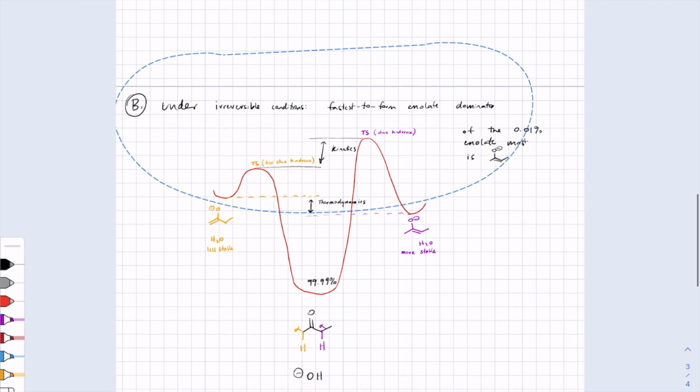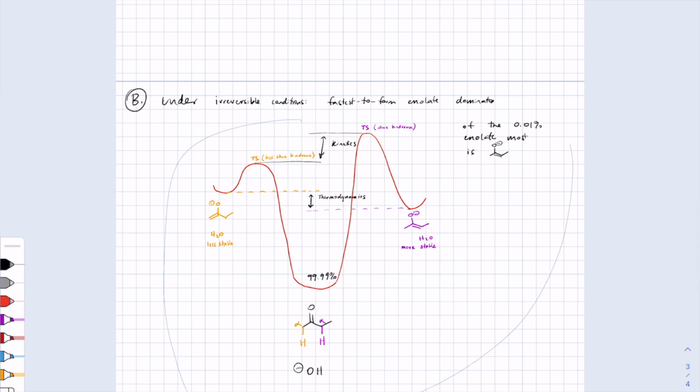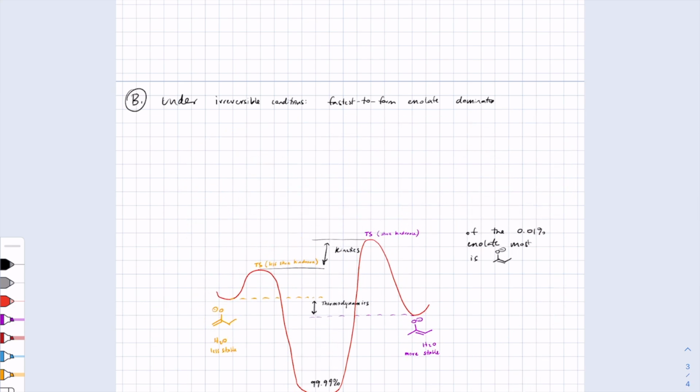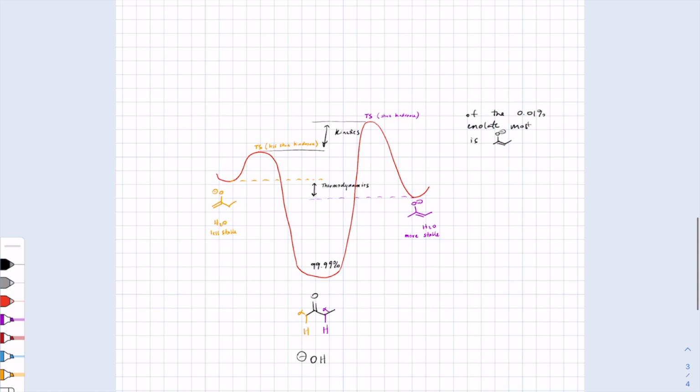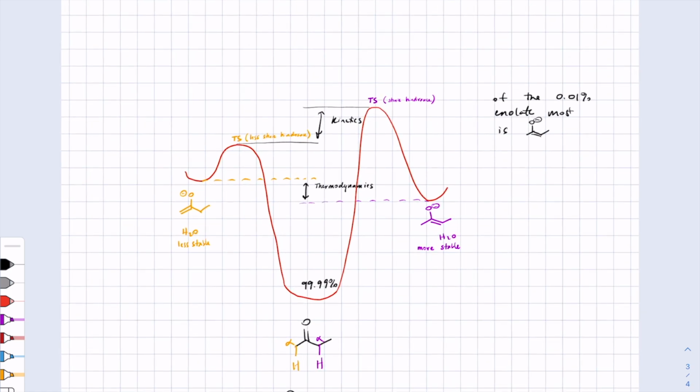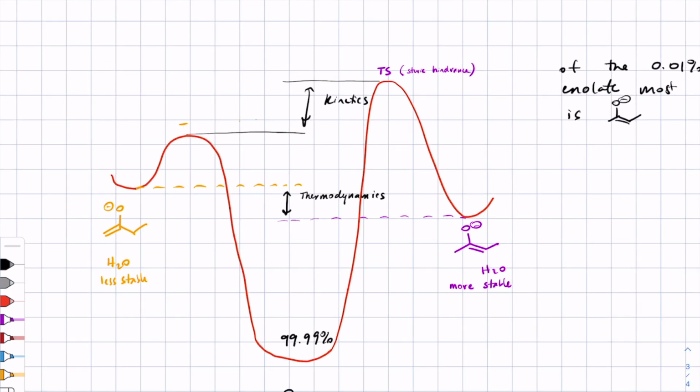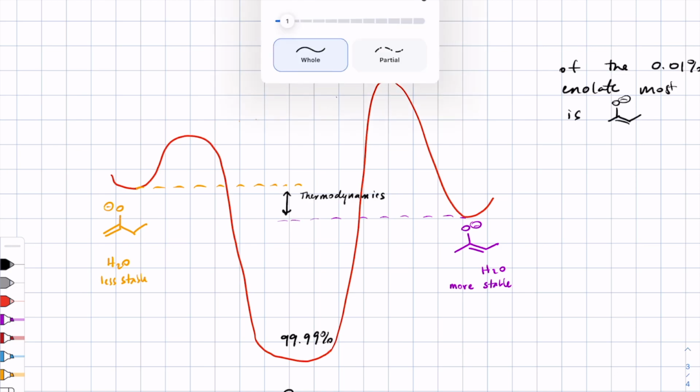You're going to leave the enolates in the same relative positions. So let's just edit this to begin with, get rid of all of this, a bigger eraser, get rid of the lines.